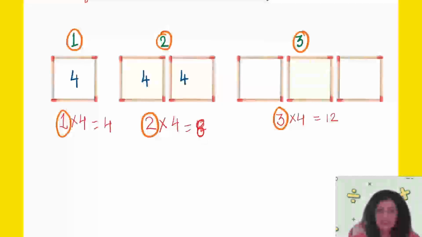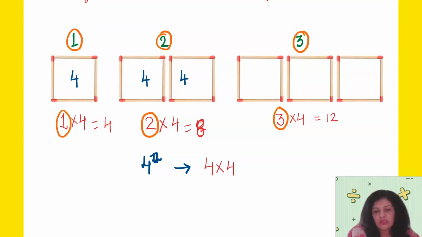So can we guess how many matchsticks will be used in the fourth figure? Yes, it will be 4 groups of 4, that is 16 matchsticks. In the 10th figure, it will be 10 groups of 4, that is 40 matchsticks.